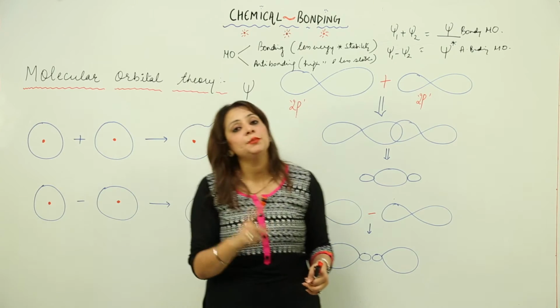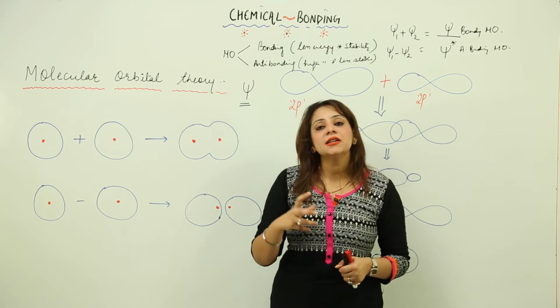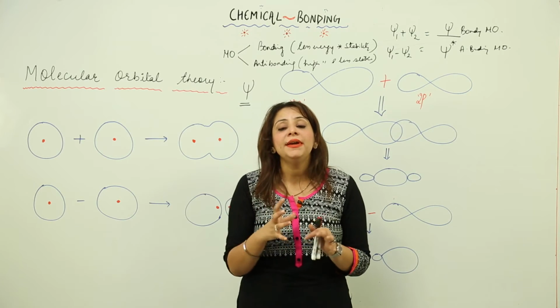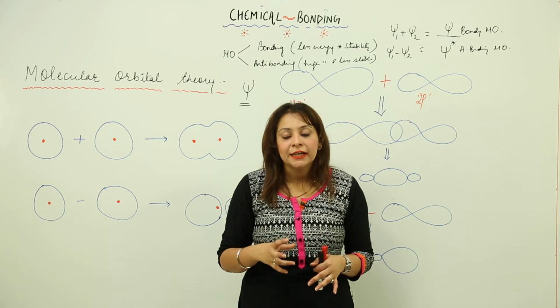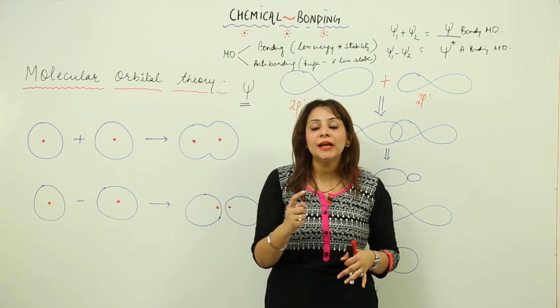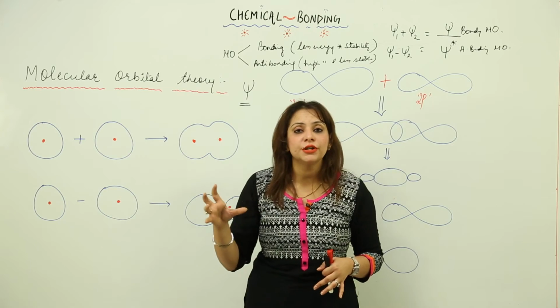As we discussed in the previous topic, when a sigma bond is formed and we want to combine different orbitals, there are certain limitations, right. They should be symmetrical around the internuclear axis.